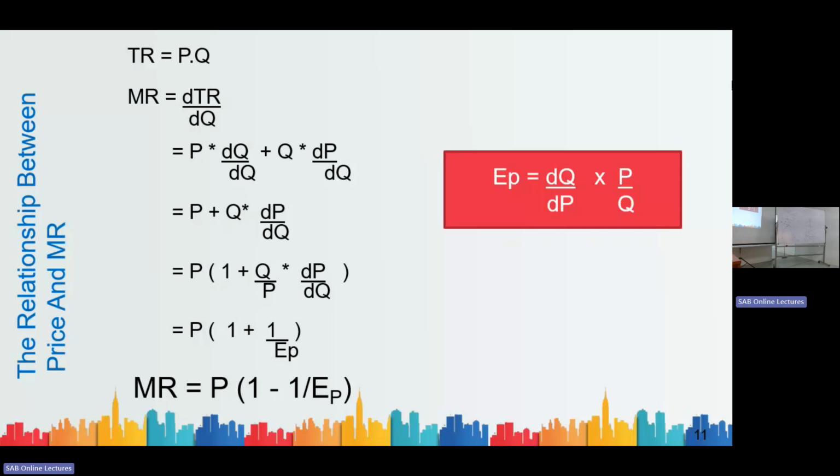So this concept is relevant not only to monopoly. This explanation is true for other companies also in other market structures. If they face a downward sloping demand curve, then this theory applies.